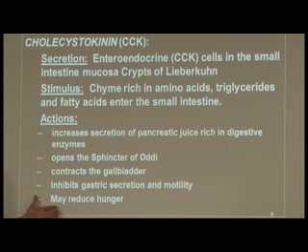Then there's some research that suggests that CCK also targets the hypothalamus in the brain. And that may be the connection that our brain uses to know that we have this digestive material moving into our small intestine. And so it reduces our hunger feeling and begins to stop us from continuing to ingest food.